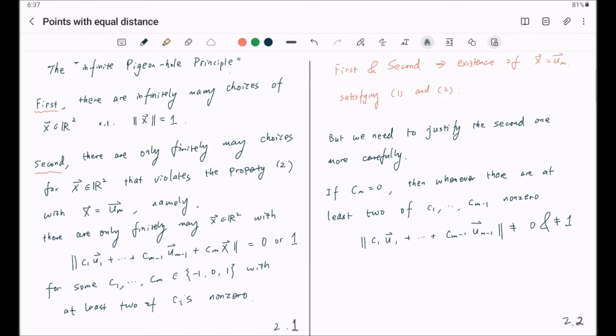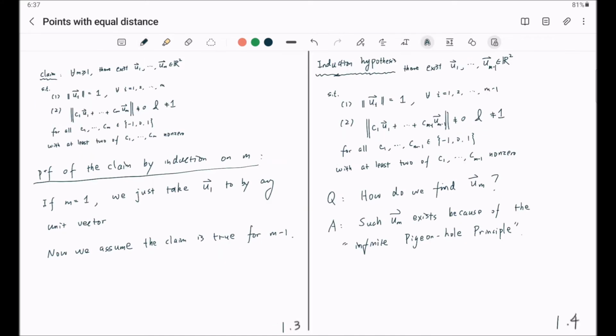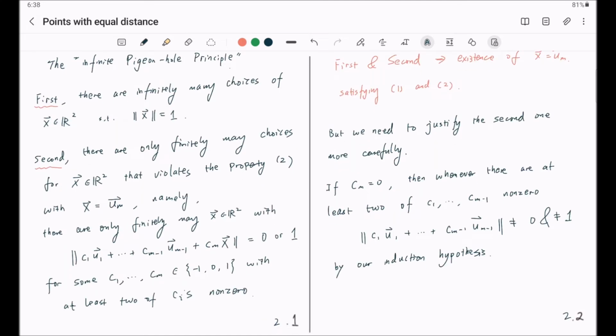This is precisely our induction hypothesis, right here. But now if c_m is non-zero, then by our assumption, at least one of c_1 through c_{m-1} is non-zero.